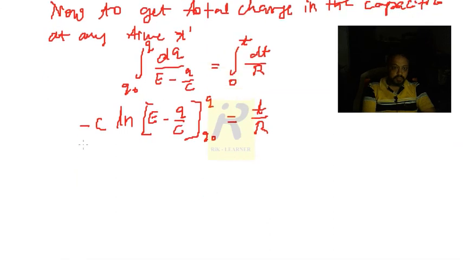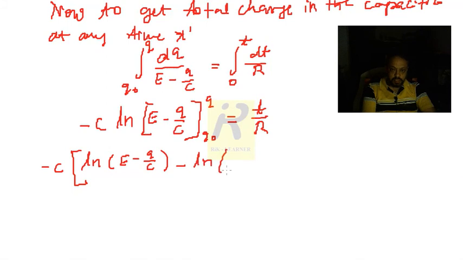Now when I put the limits, it is minus C, and inside the bracket it is ln(E minus q divided by C) minus ln(E minus Q0 divided by C). On putting the limits, we got this result, and on this side it is simply t divided by R as it is.